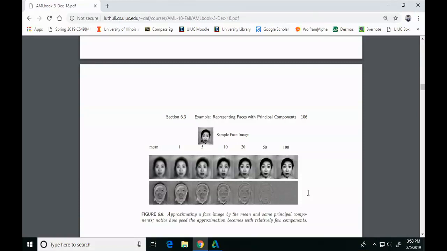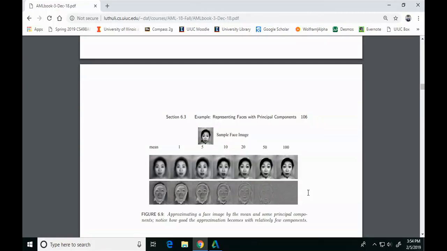And the bottom row is the error from the original photo. It shows the difference between the original photo and the recreation that we've made. And so you can see that with the mean or a single eigenvector, single principal component, they're real similar.